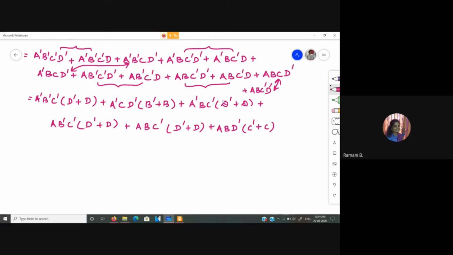I am repeating this term since x plus x is equal to x. Okay, so now we know this is equal to 1. All these things are equal to 1.